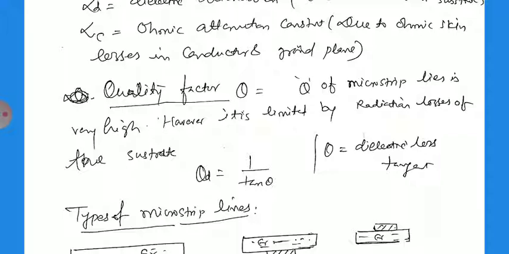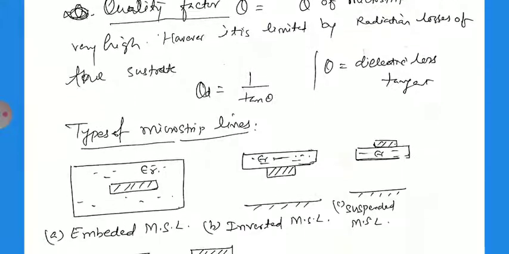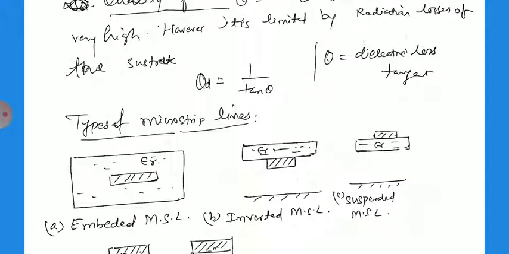Now the types of microstrip lines depend on the geometry. First, the embedded microstrip line, where the conductor is in between dielectric media. The inverted microstrip line, where the conductor is below the dielectric slab, between the dielectric slab and the lower conductor plate.